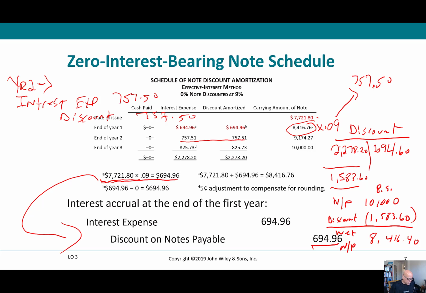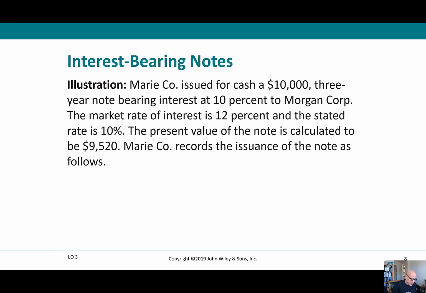Okay. All right. So let's take a look now at what happens if the note is actually called out. We call that an interest-bearing note. Again, there's no such thing as zero interest, but some notes use the discount approach. Some notes are going to call the interest out. When we look at this one, there are actually going to be two components.